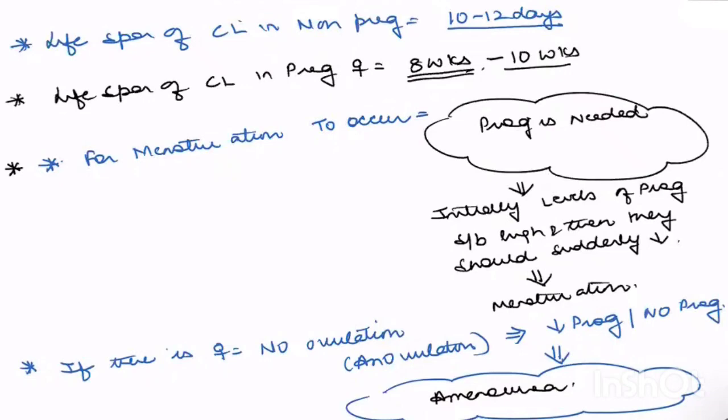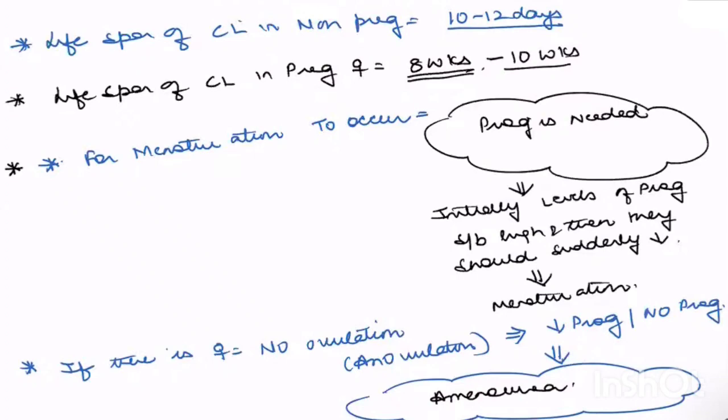When I give her progesterone for 5 to 6 days, the levels of progesterone in her body will be high. And after 5 days I will tell her to stop taking progesterone. After 5 days, when your patient stops taking progesterone, the levels of progesterone will suddenly decrease and she will menstruate. Are you understanding this?